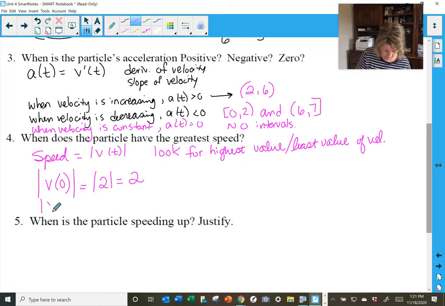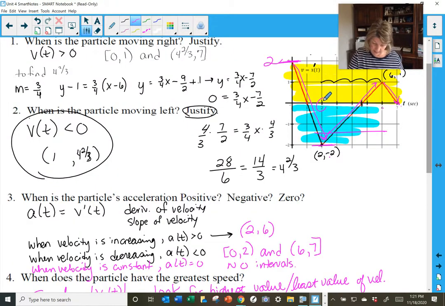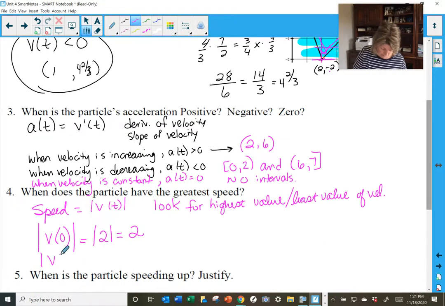And also I noticed the velocity at 2 here. When time is equal to 2, I get out a velocity of -2, but absolute value of that, and I get 2.